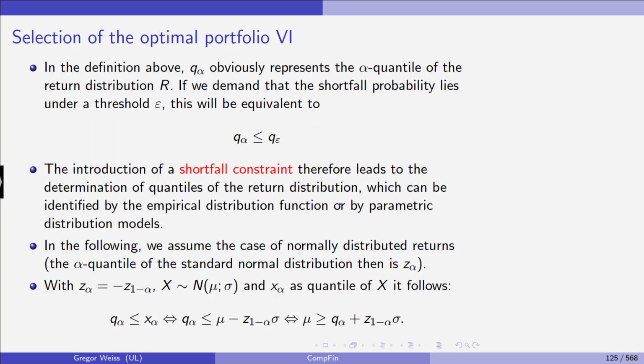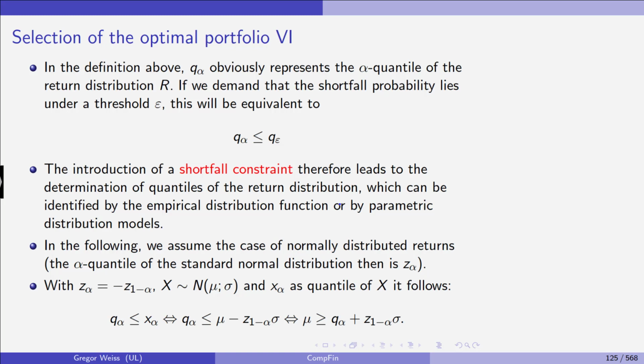So in this definition, Q of alpha obviously represents an alpha quantile of the return distribution. If we now demand that the shortfall probability lies under a certain threshold epsilon, this will be equivalent to Q alpha smaller or equal than Q epsilon. And the introduction of such a shortfall constraint leads us to the determination of quantiles of the return distribution.